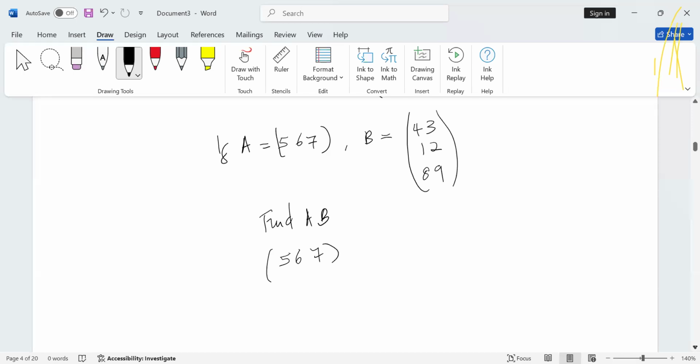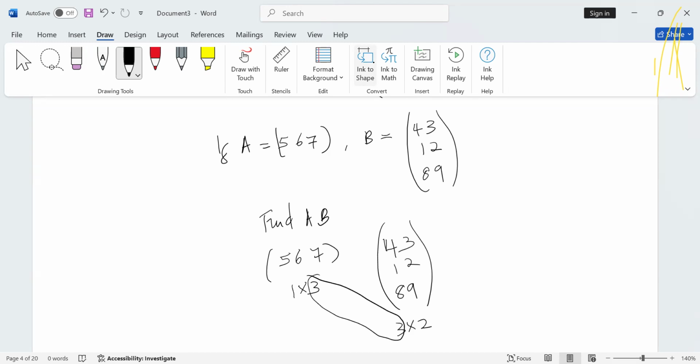Normally we check first. This is a 1 by 3. This one is a 3 by 2. So because of those two, you can multiply.